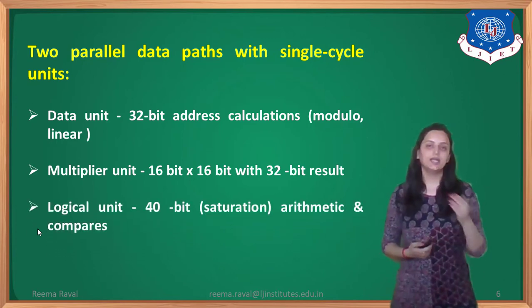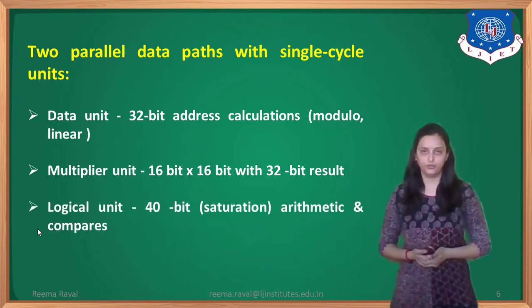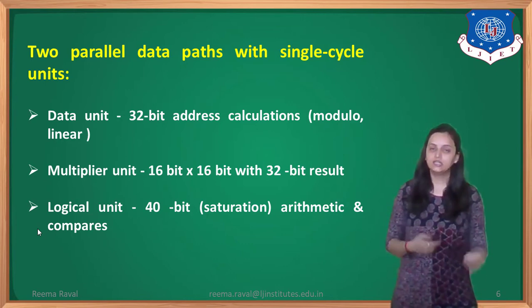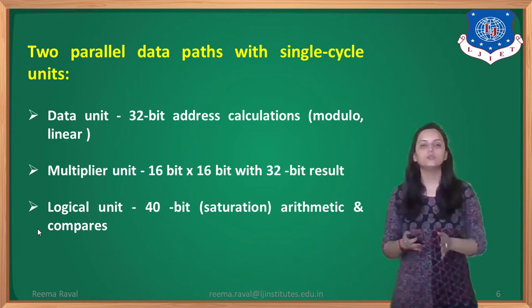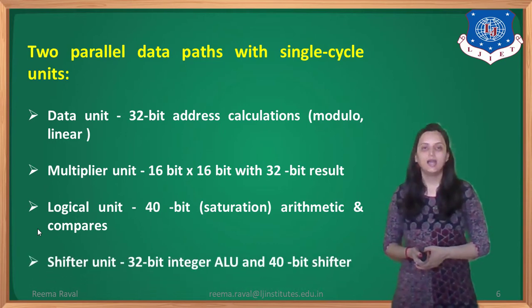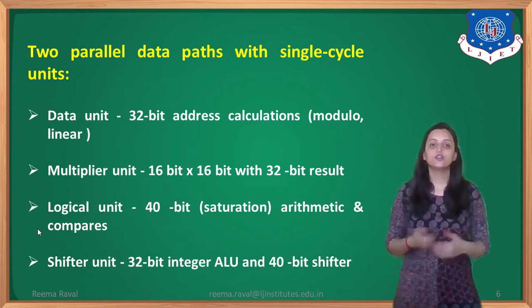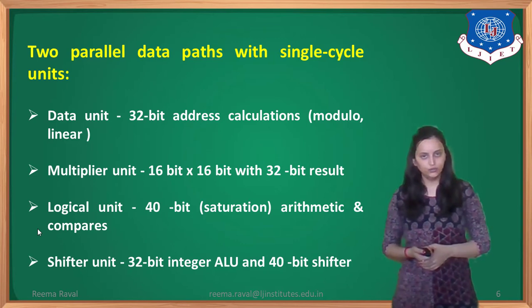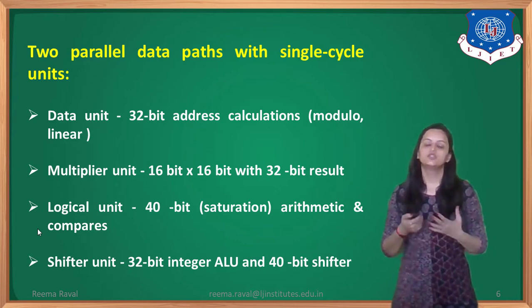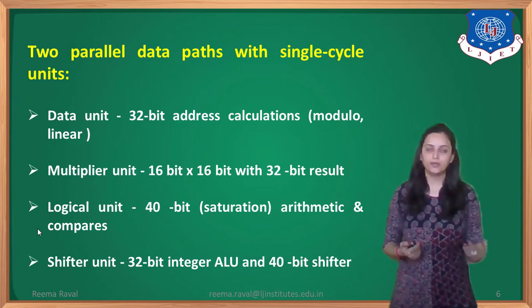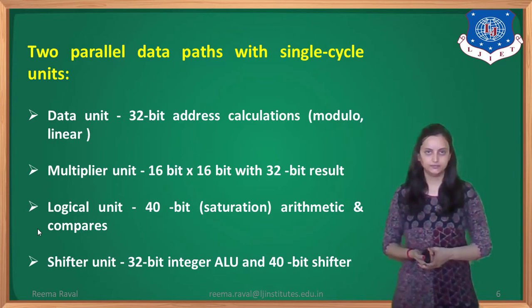Next is L1 and L2, which stand for logical unit. It is 40-bit arithmetic and compares the results, mostly for logical operations. Next is S1 and S2, which stand for shifter unit. It is a 32-bit integer ALU and 40-bit shifter. So these units are used for data, multiplier, logical operations and shifting operations.